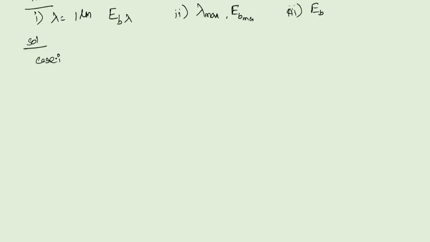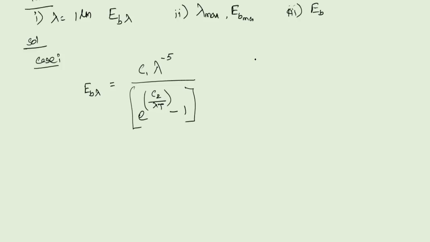Case 1. In case 1, you have to find out EB lambda. This EB lambda formula can be taken from the data book from page number 81. So this is C1 into lambda to the power minus 5 divided by e to the power C2 divided by lambda T, minus 1. So this is the formula.